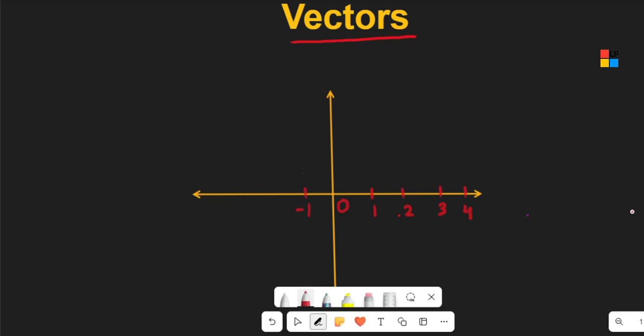And here it is -1, it is -2, it is -3, and like -4. Similarly, this is like positive x axis, this is negative x axis.